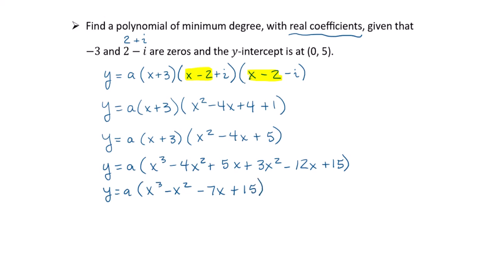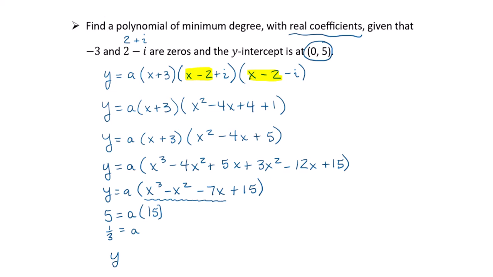Now my job is to make sure that I have the right numeric value in front that's going to give me a y-intercept of (0, 5). Well, a y-intercept of (0, 5) means that y is 5 when x is 0. So I can replace all of these x's with 0, and it leaves me with just a 15. Dividing both sides by 15, I get an a of 1/3.